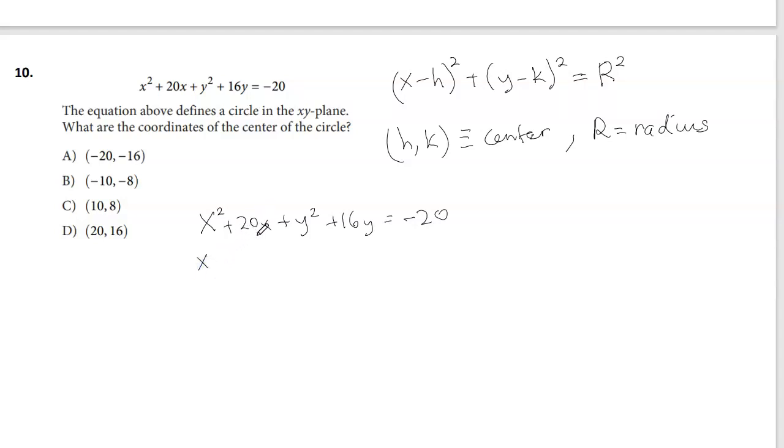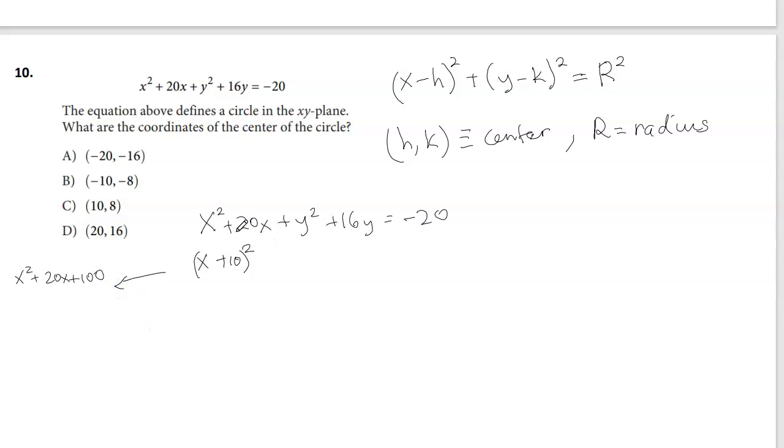The coefficient of x here, I divide by 2, so I get what? 10. And then I square this, right? So I'm still working on the x items or components. If I do this and I try to expand, I'm going to get x squared plus 20x plus 100, right? That is what it comes up to.